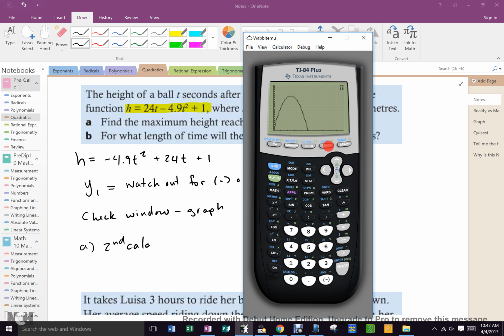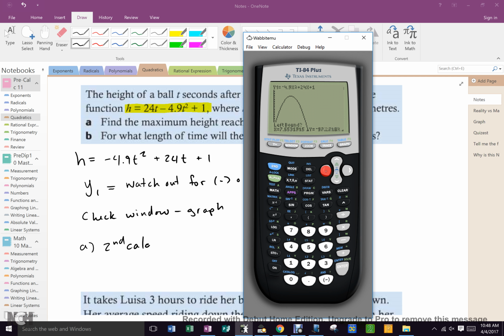So I'm going to go second, calc. What do I need? Maximum. And then I do my draw, or I use my arrow keys. Oh, I guess I do. Not quite.